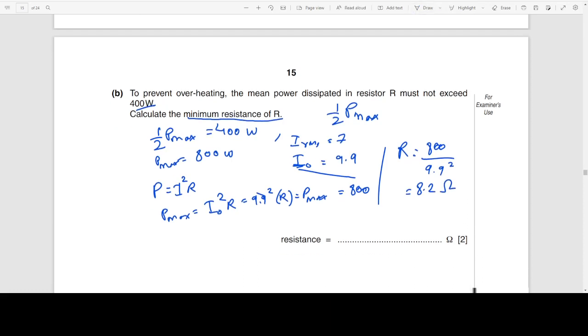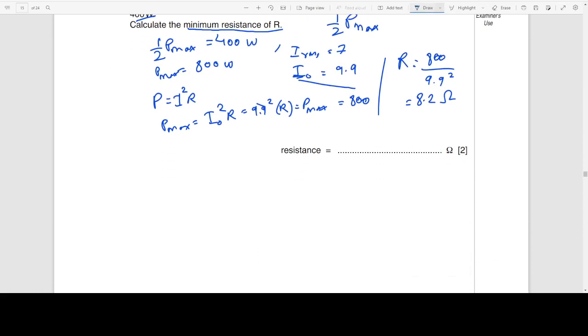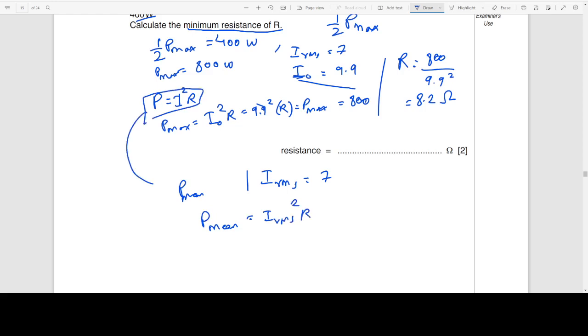Now guys, just to let you know, there's a different method given in the mark scheme. Just like we have I RMS as 7, we have this concept of RMS. There's even a concept of mean power, that mean power is equal to I RMS square R. So it's the same formula over here.